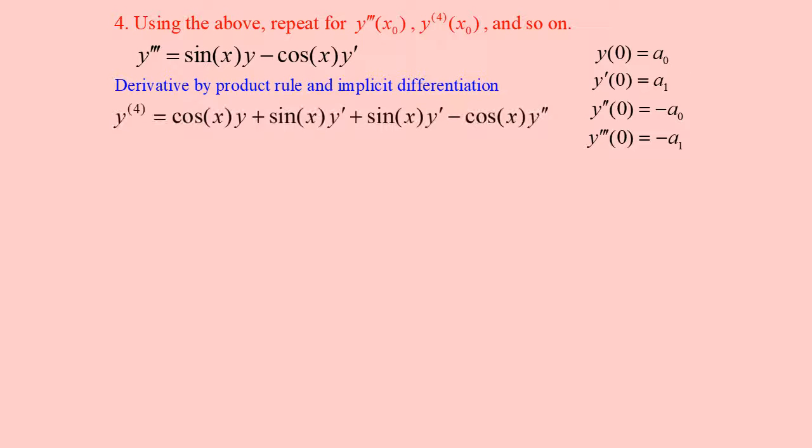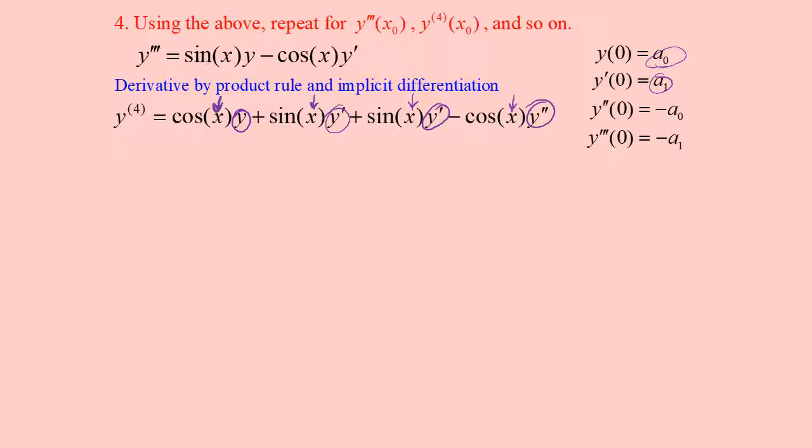So if we do the fourth derivative, I won't go through all the details of doing the fourth derivative. Again, we will do what we just did. All of the x's we will substitute a 0 for. For the y, we substitute a0. For the y prime, we substitute a1.